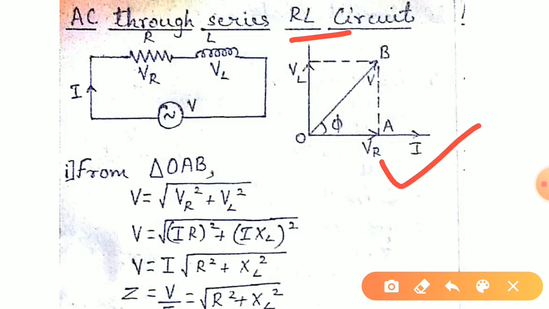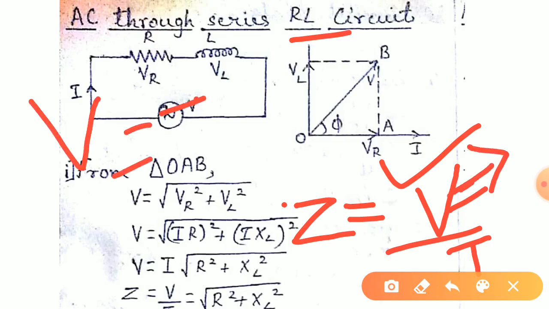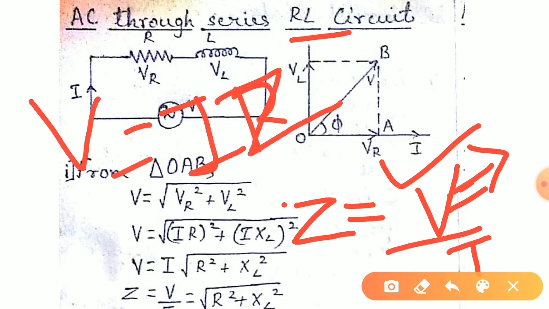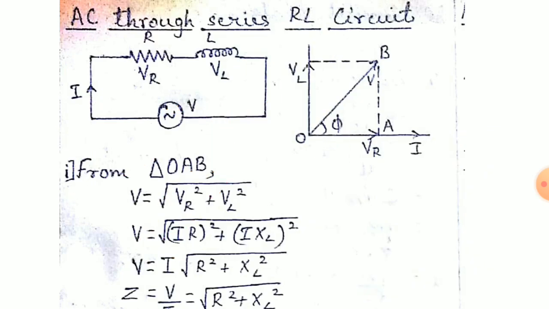Now if we need to find the value of impedance Z, then Z is equal to V by I. According to Ohm's law, V is equal to I into R, or replacing R with Z, V is equal to I into Z. Now if we want to find the impedance value, Z will be equal to V by I. So how can we find the Z value from the given circuit?